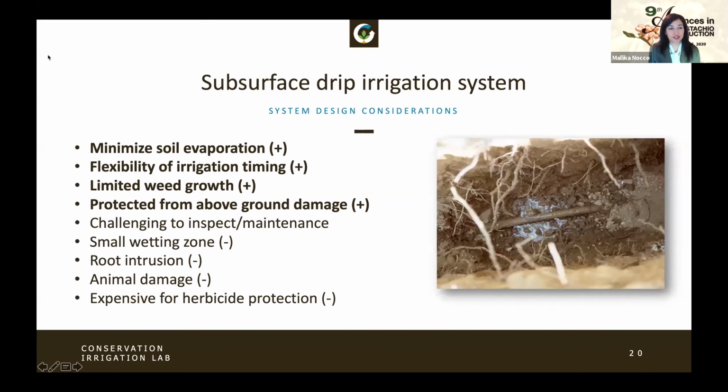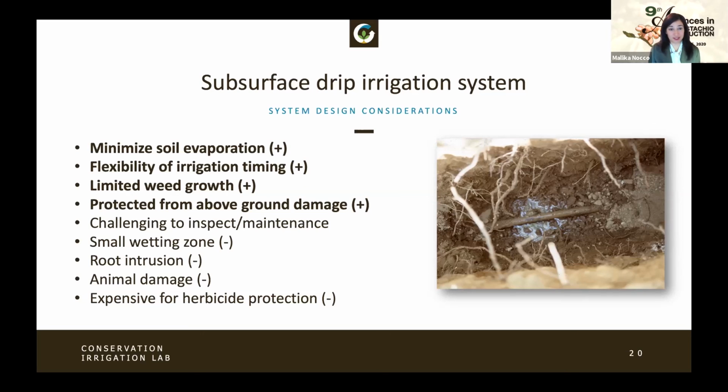With a subsurface drip irrigation system, there are a lot of potential benefits and a lot of potential drawbacks. Soil evaporation can be minimized, and you have a lot of flexibility in irrigation timing. Weed growth can be extremely limited because you're getting right to that root zone. And then there's protection from above ground damage. But I feel like the drawbacks are pretty big here too, right?